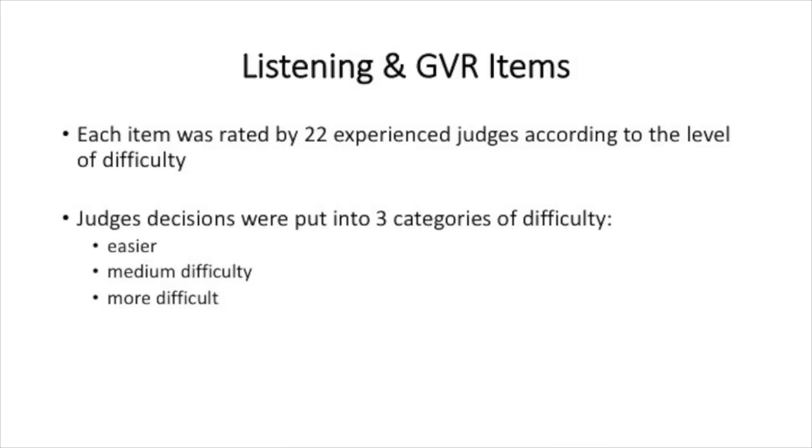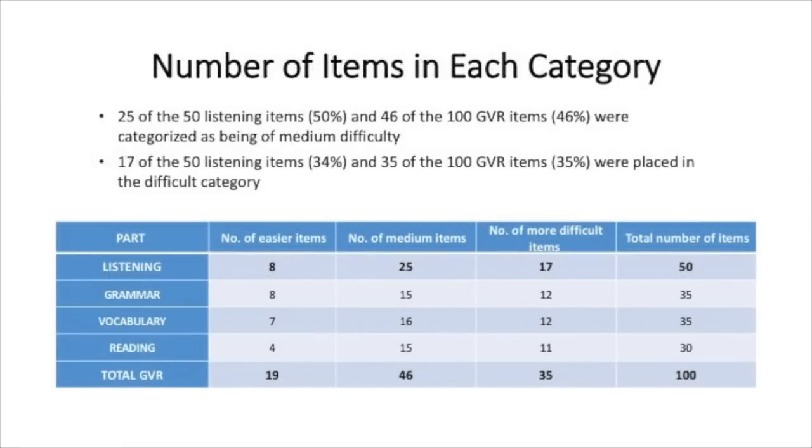Judges' decisions were put into three categories of difficulty: easier, medium difficulty, more difficult. 25 of the 50 listening items, that is, 50% of the items, and 46 of the 100 GVR items, that is, 46%, were categorized as being of medium difficulty. 17 of the 50 listening items, the 34%, and 35 of the 100 GVR items, 35%, were placed in the difficult category. This table can show you the distribution of items in the sections of the test.